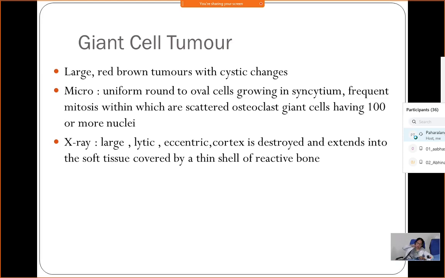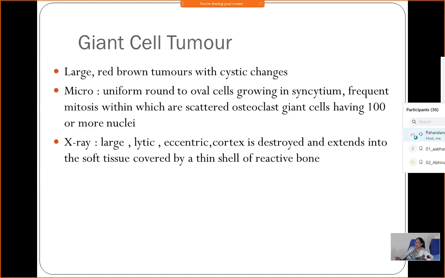And what is the microscopy? You will see round to oval cells which grow in syncytium, and what is most important is the presence of scattered osteoclast-like giant cells having 100 or more nuclei. So there will be a uniform arrangement of osteoclastic giant cells in a background of these small round oval cells. Now many times we ask the question, which are the malignant cells here, whether the round oval cells or the giant cells.